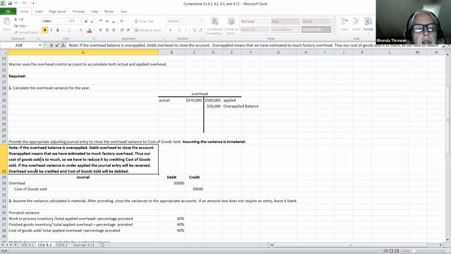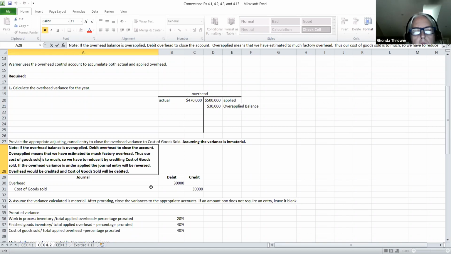Now, if the overhead variance had been underapplied, which means the applied amount would have been less than the actual amount, you would have been thrown into a debit balance. And so you would have to reverse the entry if the overhead was under applied. So we would credit the overhead account, and then we would debit the cost of goods sold.